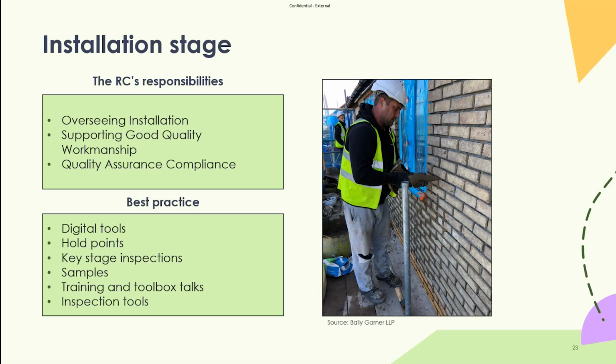Other things you can do, simple things like when you're starting the first property in the project, agree with the installer hold points. So again, using EWI because it's nice and visual. We're going to install all of the EWI boards and the mechanical fixing.